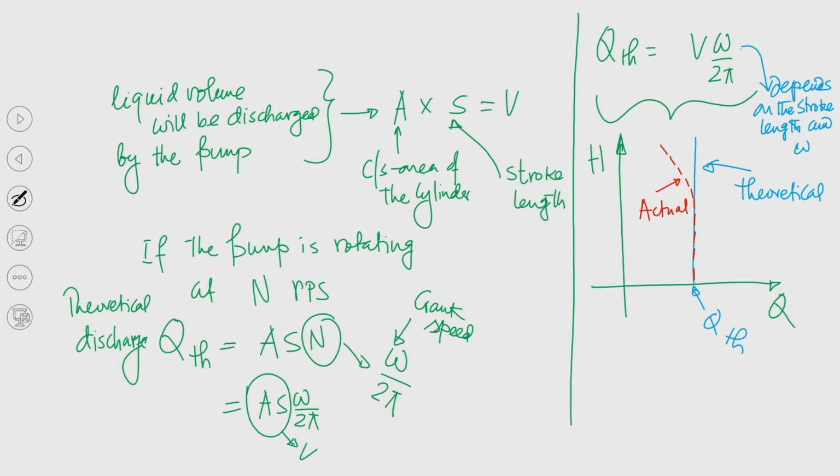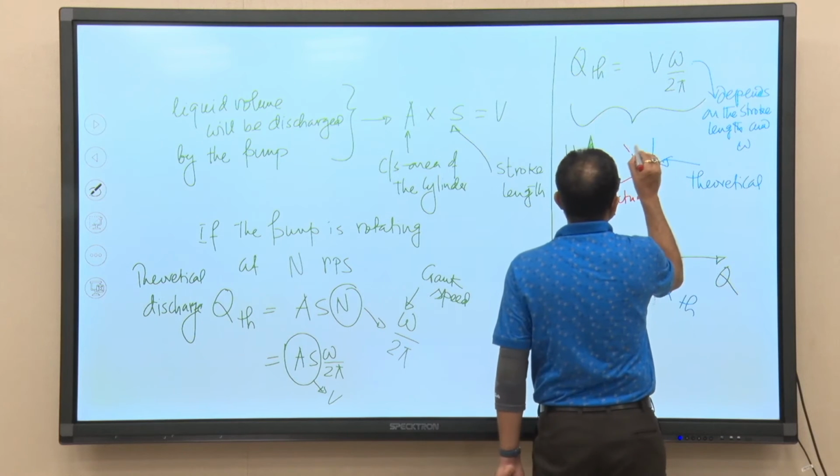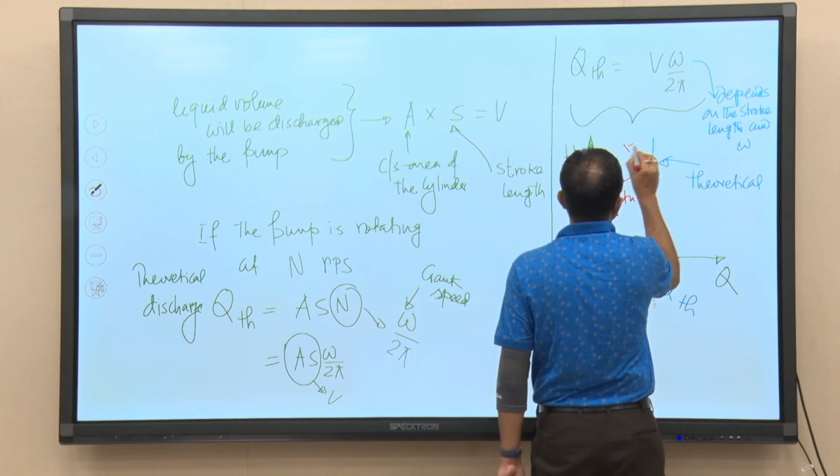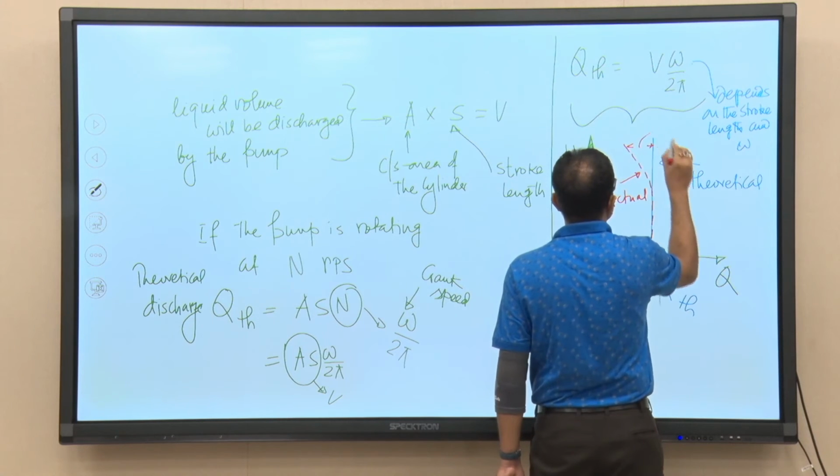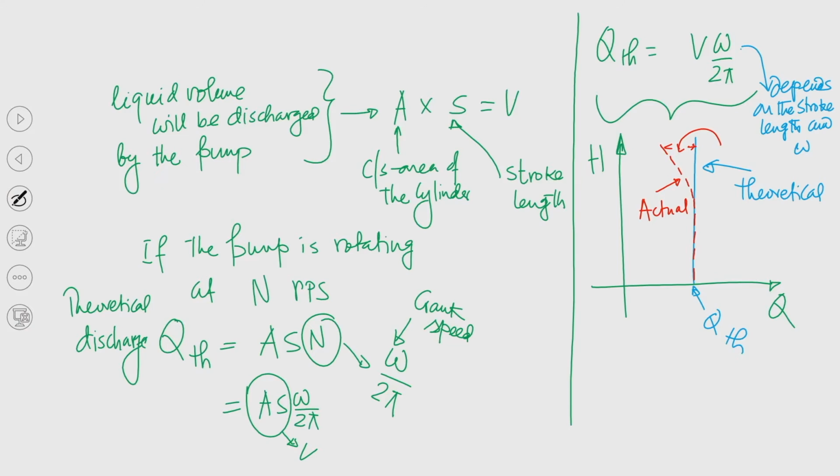So, this is the H-Q curve of the positive displacement pump in general, and reciprocating pump in particular, and this is basically loss due to leakage.